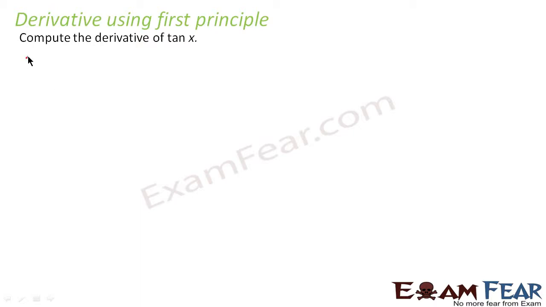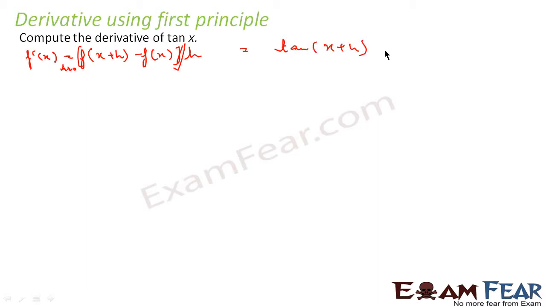So here what we will do, again we will say f dash of x is nothing but f of x plus h minus f of x, the whole thing divided by h, where h tends to 0. So this becomes tan of x plus h minus tan of x by h, where h tends to 0.